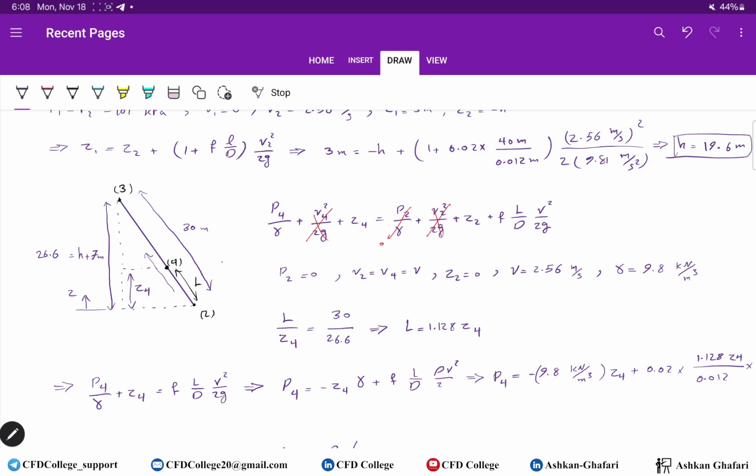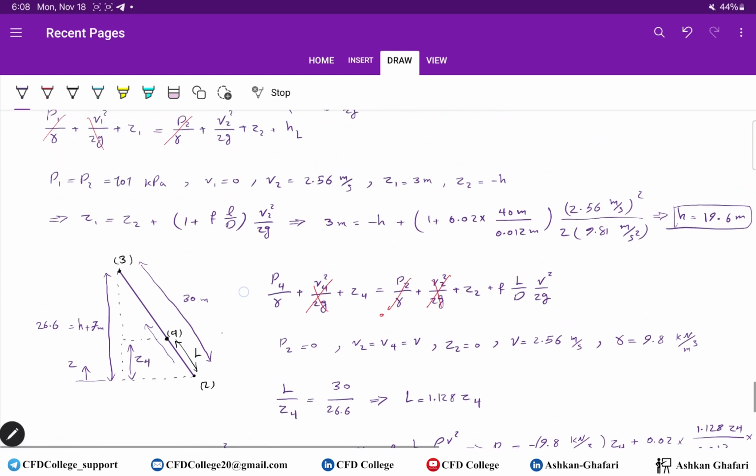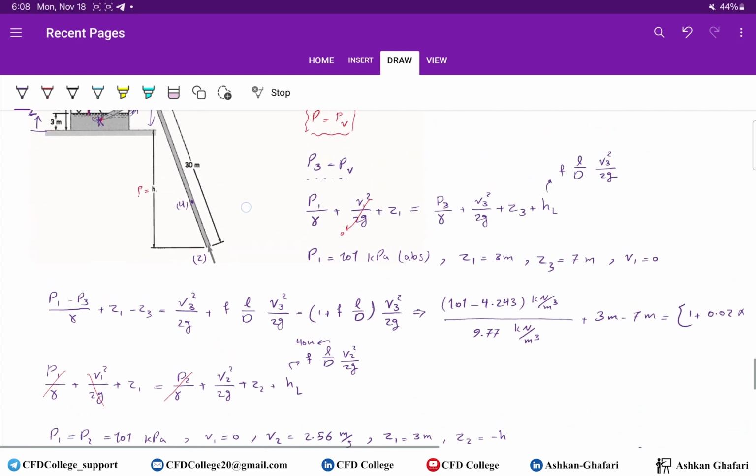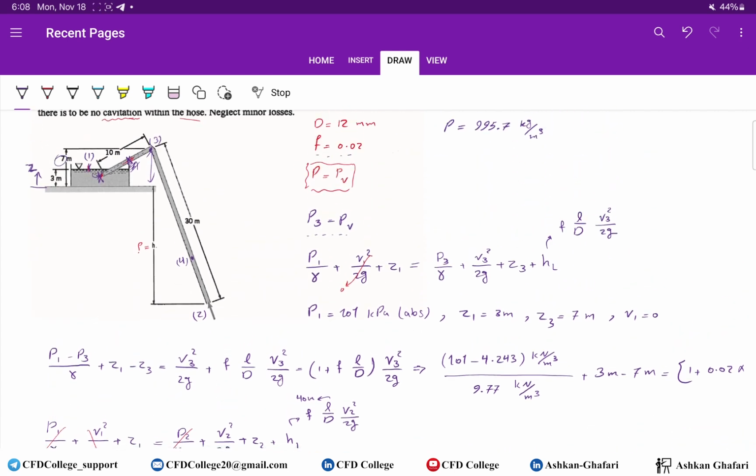So the first assumption that we made, which was that we have the minimum pressure at point 3, is correct, and the minimum pressure occurs at point 3. So point 3 is the only point where we can have cavitation. So all the calculations are correct and we don't need to do anything else.